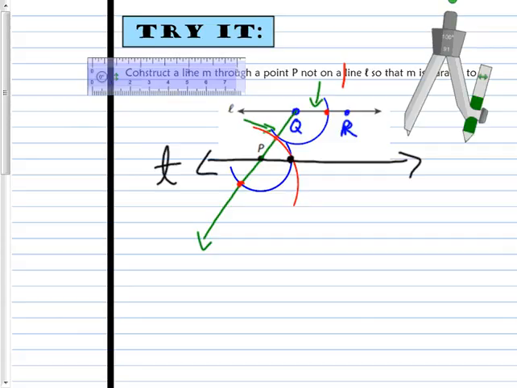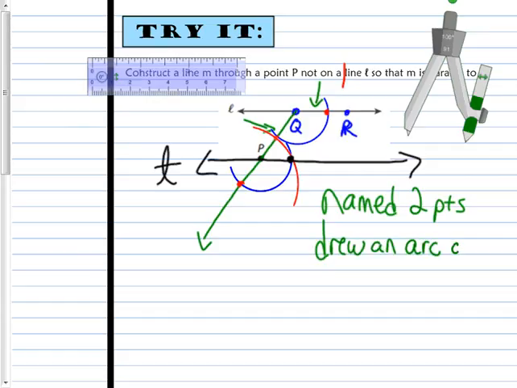I know that was kind of tricky because we were upside down, but again, basically the steps are, I named 2 points, and if you want to write this down in your notes or in your summary, I named 2 points on the line, okay? I drew an arc at Q, and then I drew the same arc at P, okay? So I drew the blue arcs that you see on the paper, okay? Then I measured Q's arc.